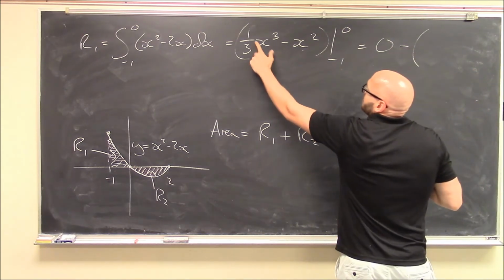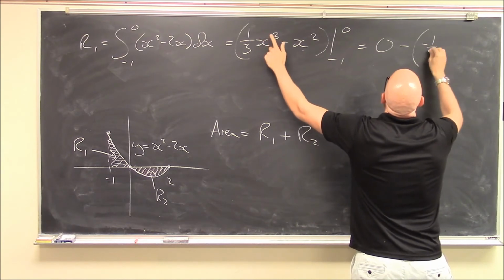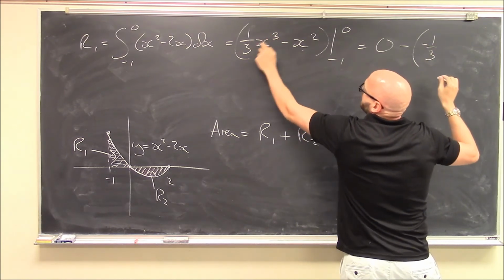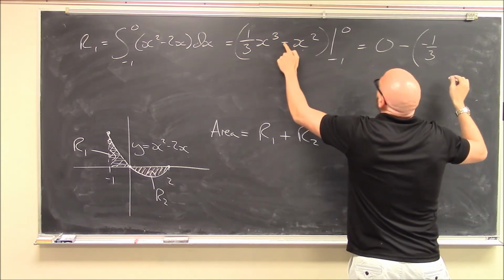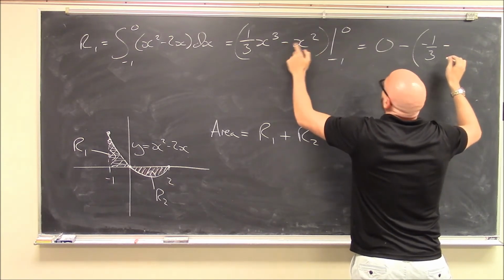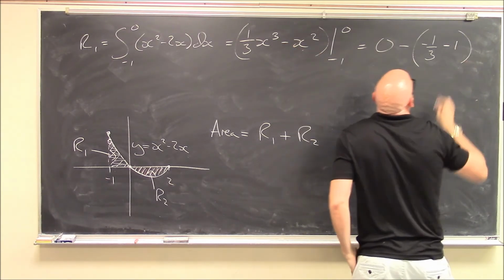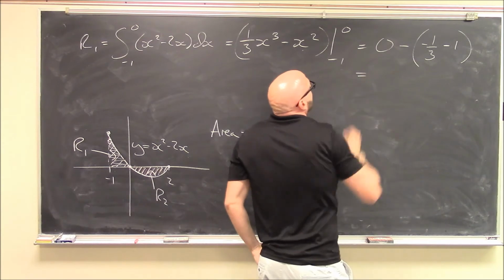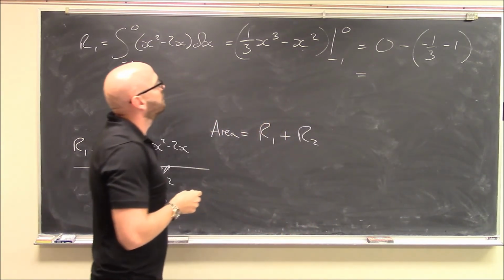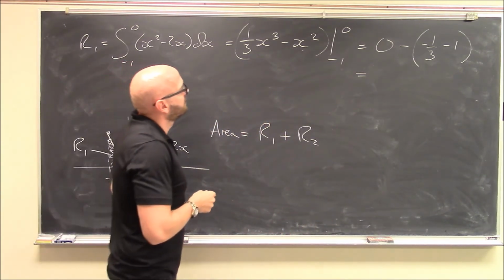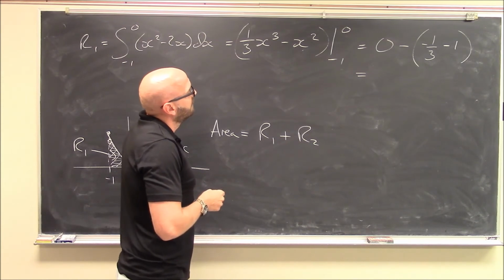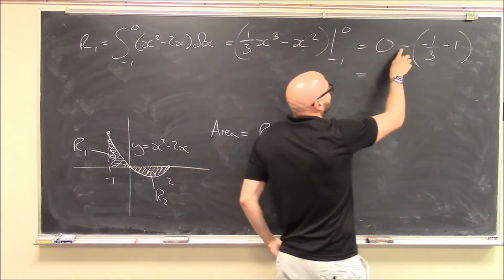So now we plug in minus 1. We're looking at minus 1/3. 1/3 times minus 1 cubed is minus 1/3. Minus 1 squared is minus positive 1. So that is what? So we'll distribute the negative.